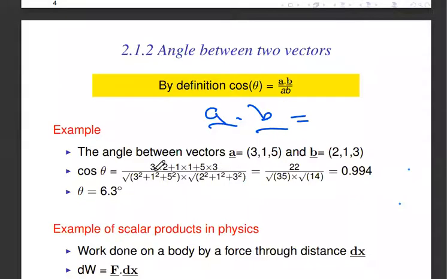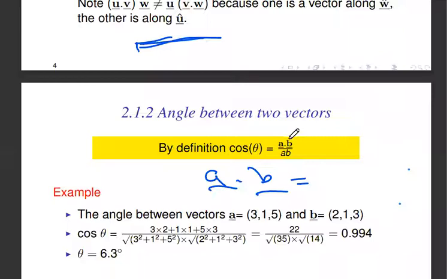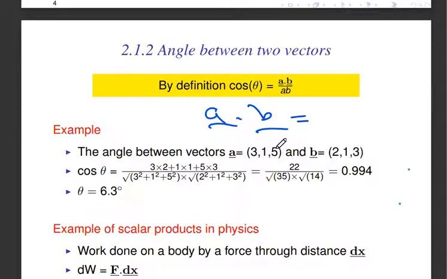This is the dot product of A and B, divided by the magnitude of A. You can find the magnitude: it is the square root of x coordinate squared plus y coordinate squared plus z coordinate squared. Likewise, you can find the magnitude of B. Then you will get a number.